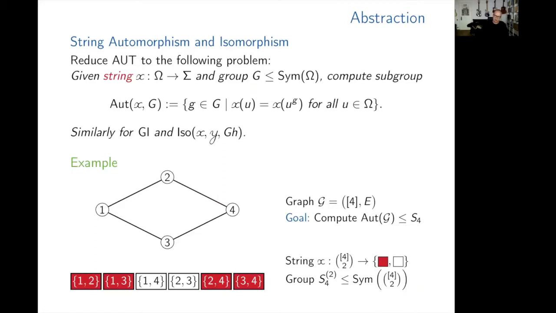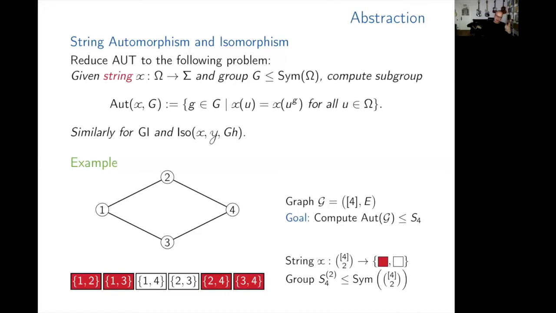That's our group G. And now basically the automorphisms of the graph are just those permutations in this group that leave the string fixed, that keep the colors fixed. Okay. And the advantage of this, well, there's two advantages.